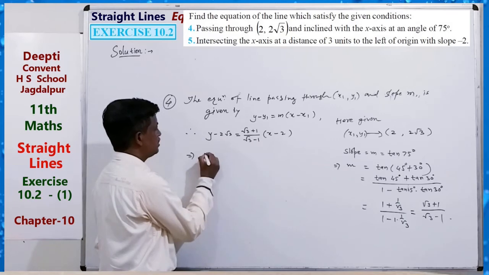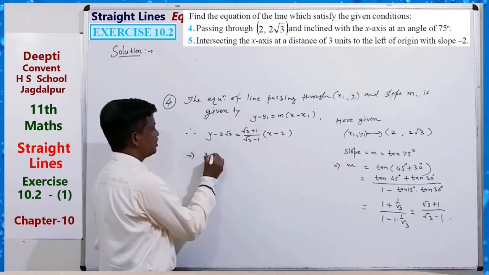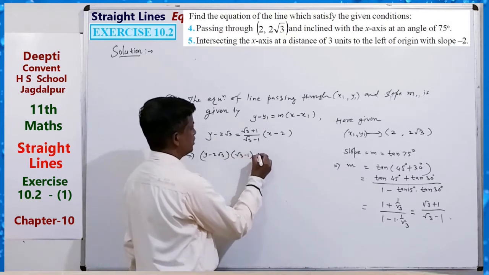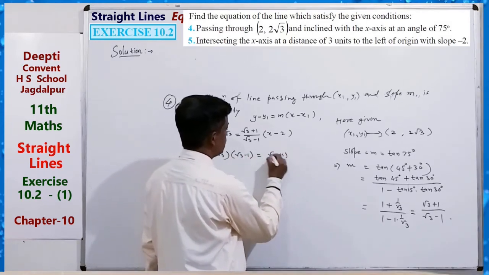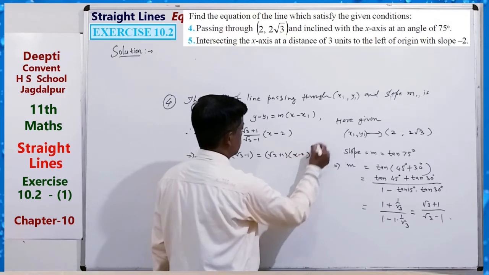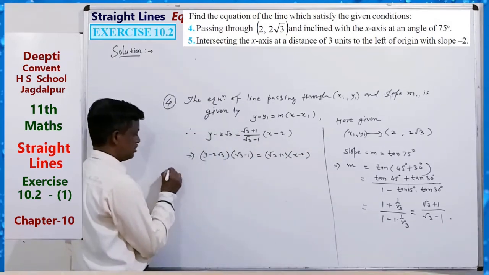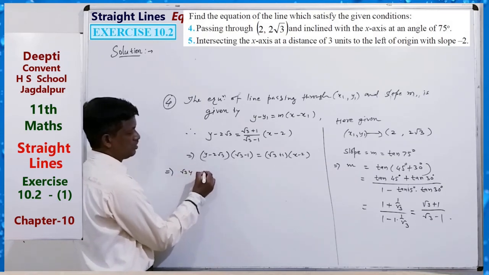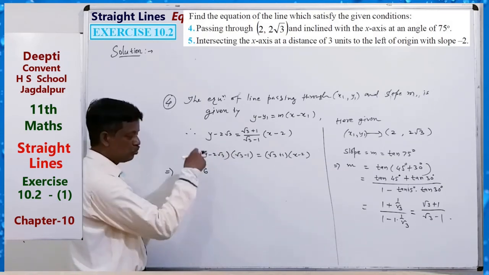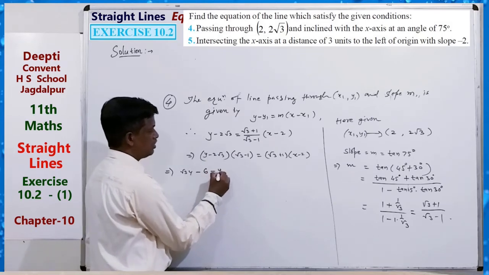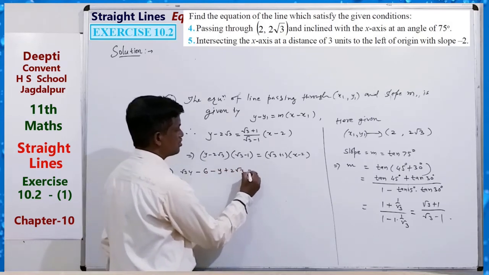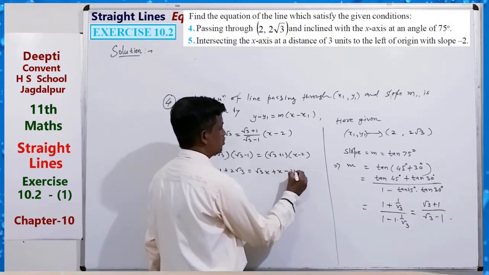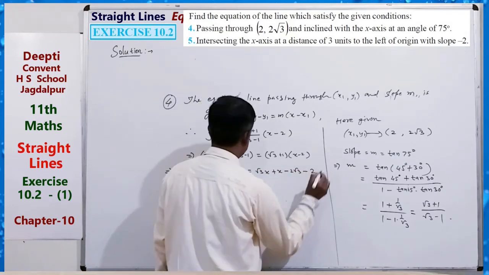So multiply this into this: y minus 2 root 3 into root 3 minus 1 equals root 3 plus 1 into x minus 2. Here, multiply: root 3 y minus 6 minus y plus 2 root 3 equals root 3 x plus x minus 2 root 3 minus 2.